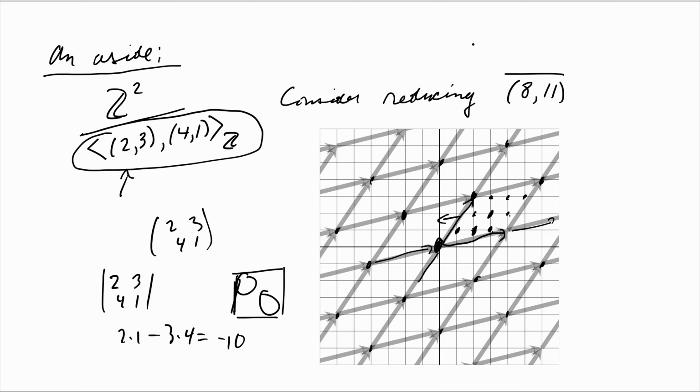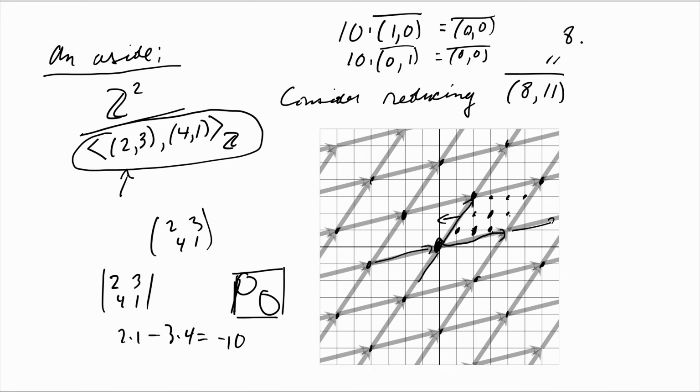So for one thing, you know that the shift 0, 1 bar multiplied by the number of things in this additive group, which is 10, is going to be equal to 0, 0 bar, which is the identity of the additive group here. And you also know that 1, 0 does the same thing. And you can split this up into 8 times 1, 0 bar plus 11 times 0, 1 bar.